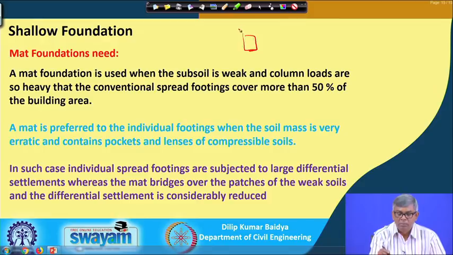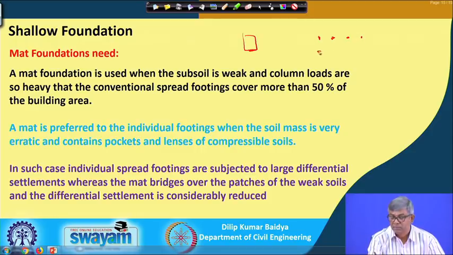Suppose you have a number of columns, and I just put dots, suppose these are the locations of columns. If the foundation soil condition is not good and I try to design isolated footings for all of them, then you will be covering almost the entire area with isolated footings.